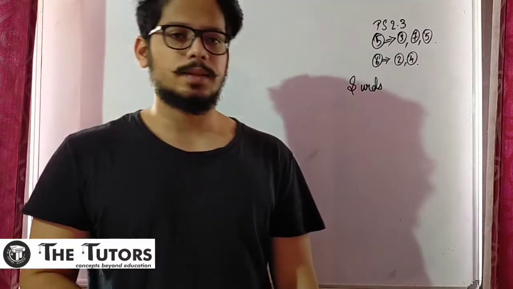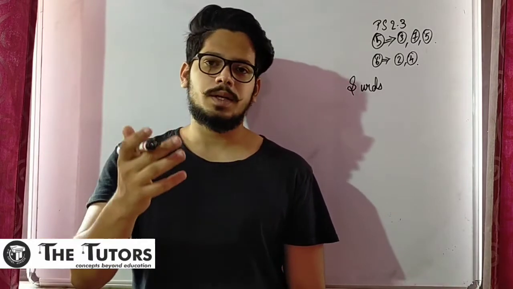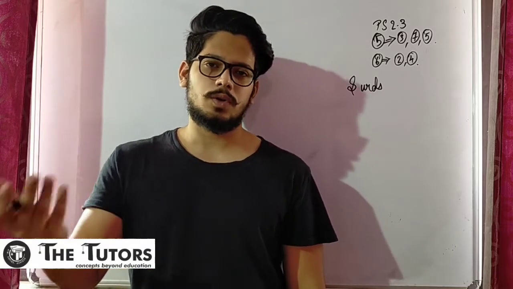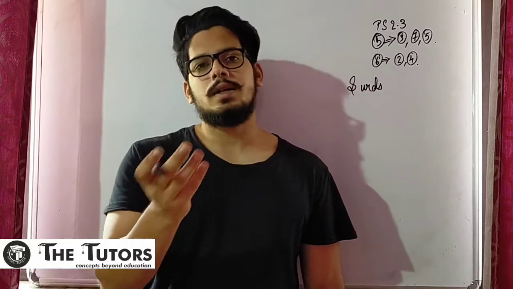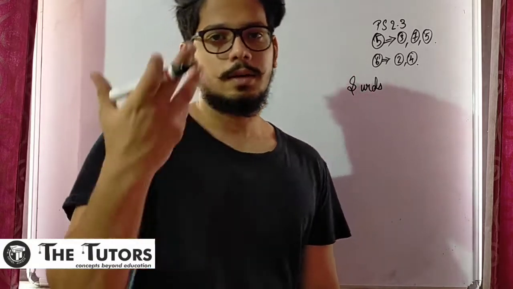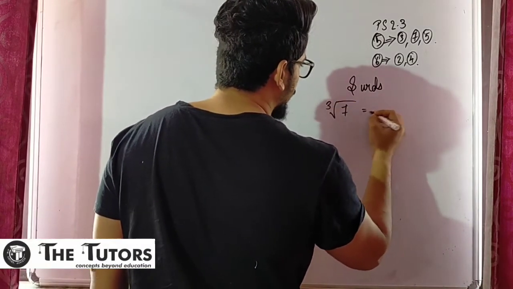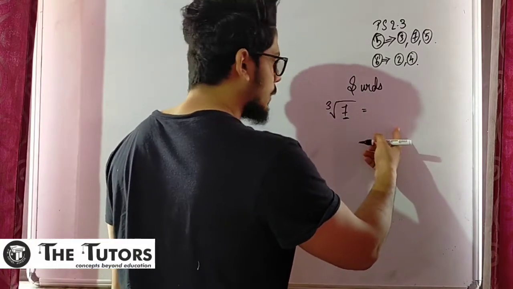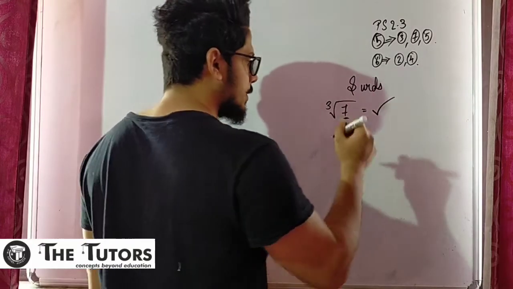As I explained in the previous lecture, if you take the nth root, that is a square root, cube root or fourth root, of any positive rational number, and the answer you get is an irrational number, then it is a surd. For example, the cube root of 7 is a surd.